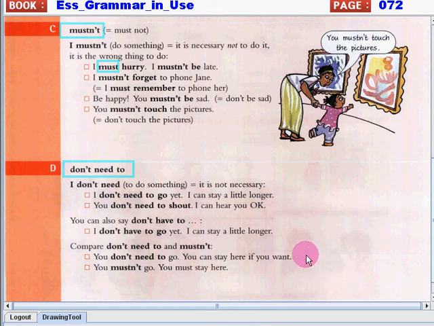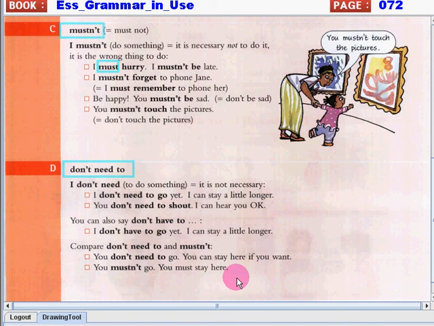Let's read the examples. You don't need to go. You can stay here if you want. You mustn't go. You must stay here. So, let's compare.